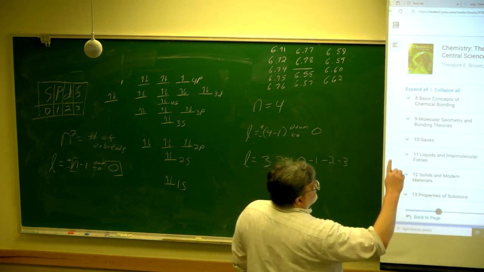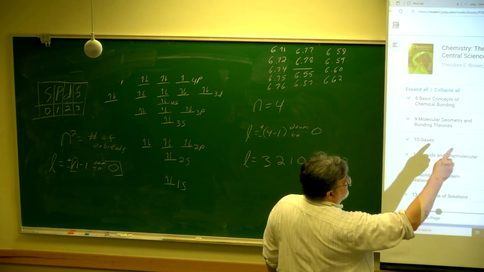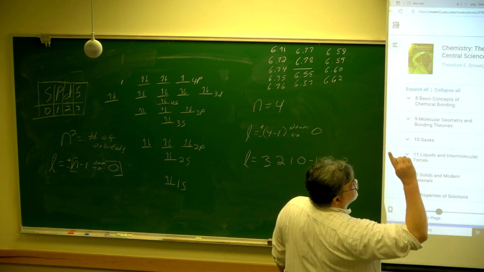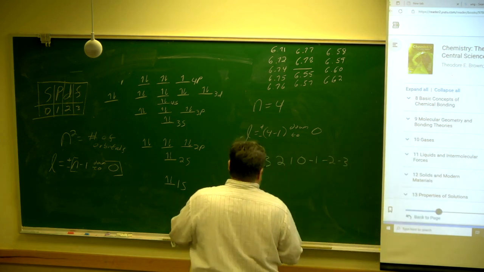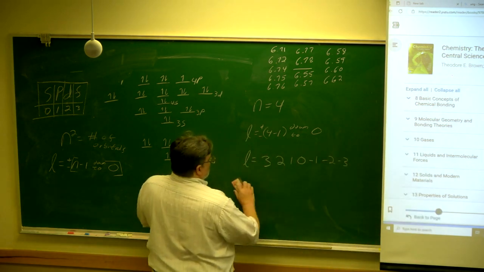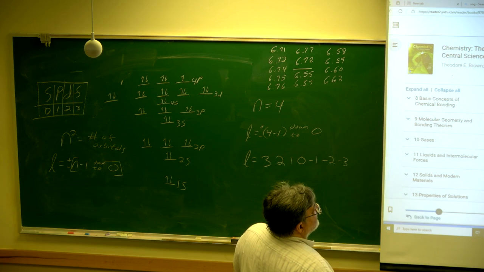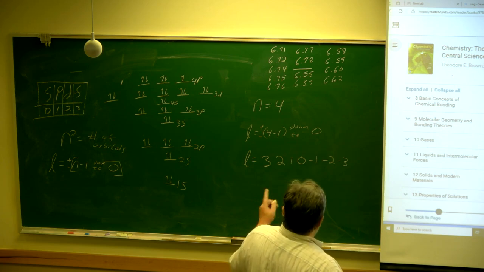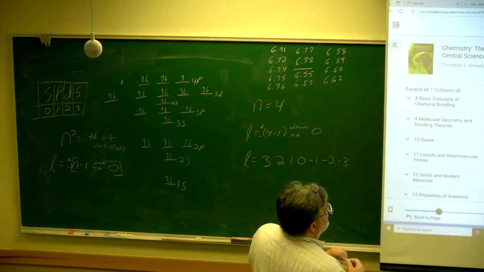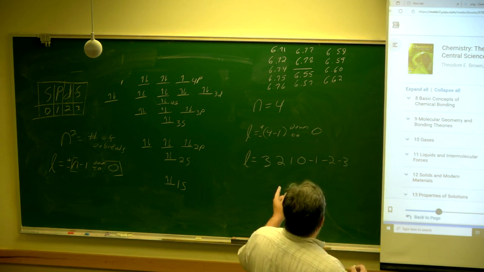For L equals 2, what are the possible values of ML?